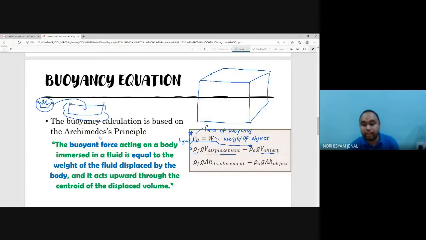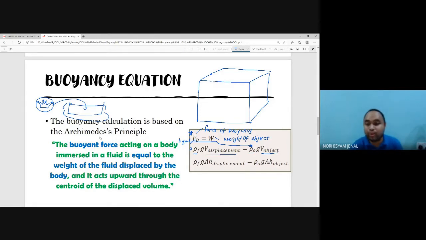Now, if we open up the calculation, V displacement is equal to A, area of surface, times H displacement. For the object, it will be area of surface times H object.